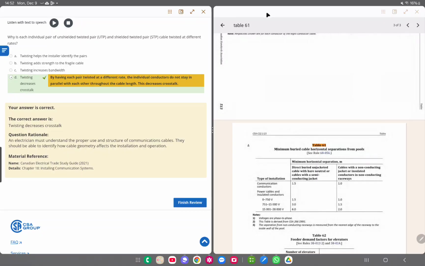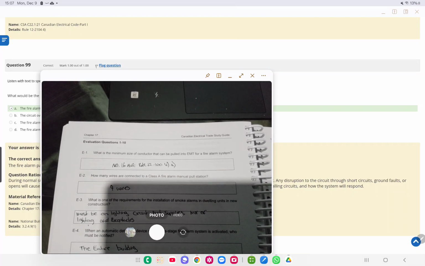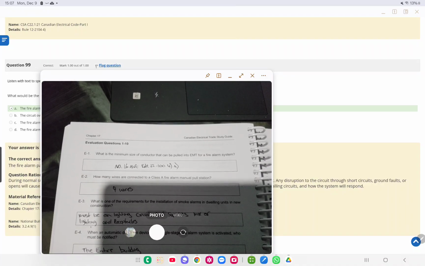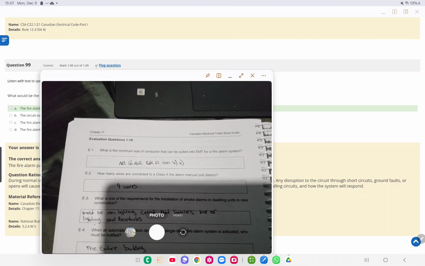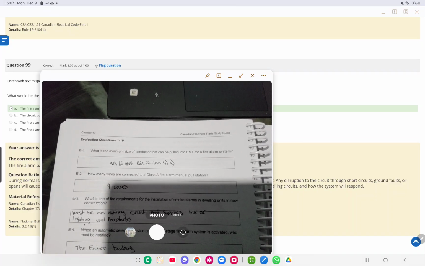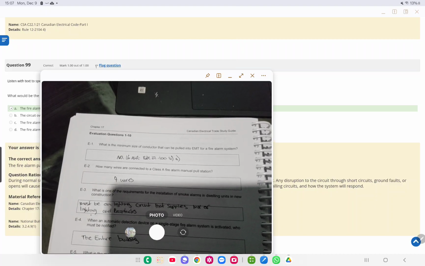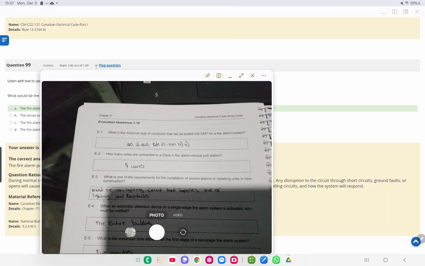Okay, what is the minimum size of conductor that can be pulled into EMT for a fire alarm system? The answer is number 16 gauge, and this is in Rule 32-100 4A. How many wires are connected to a Class A fire alarm manual pull station? It is 4 wires.